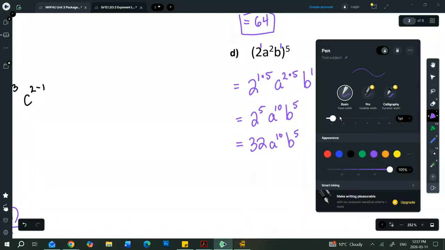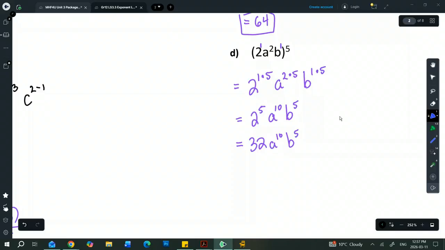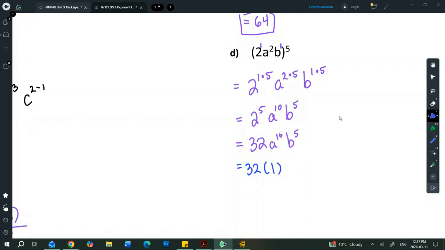Okay, so let's sub in then. We know that A is 1 and B is -2 in this question. Okay, so following bedmass here, we do exponents first. So 1 to the 10 is 1, and -2 to the 5.